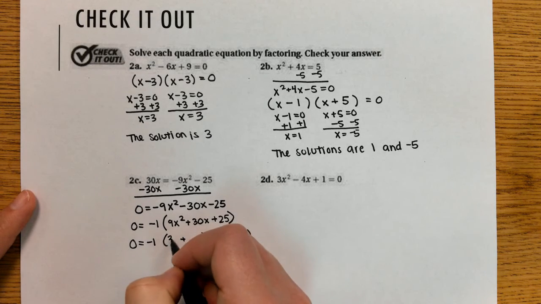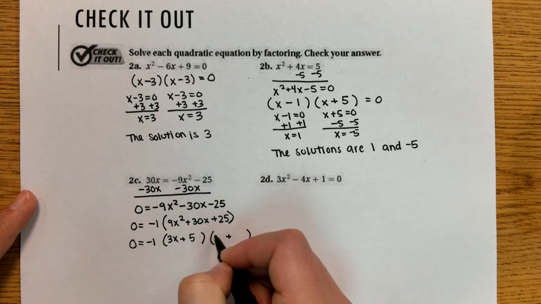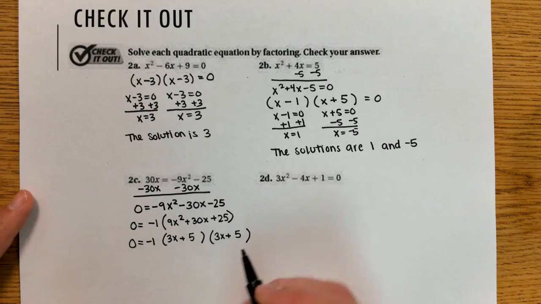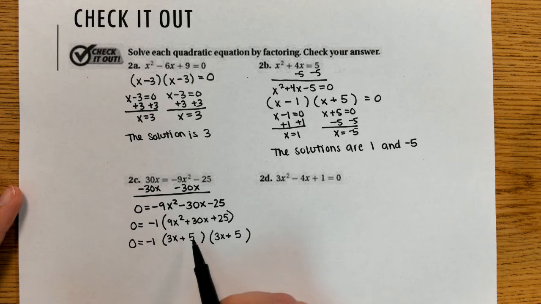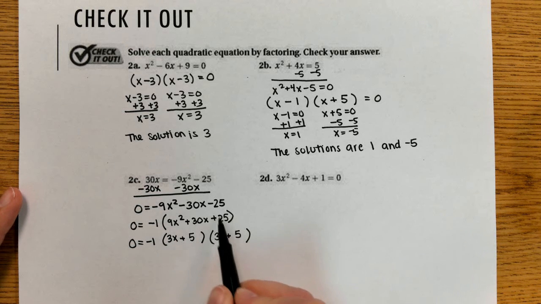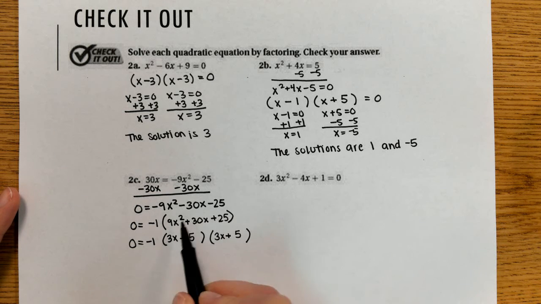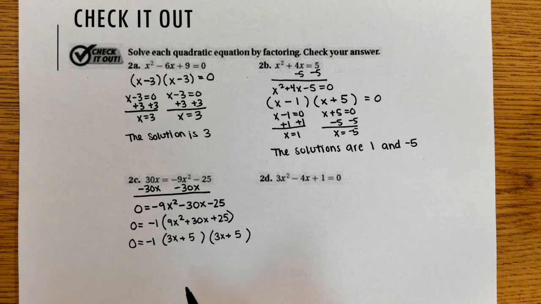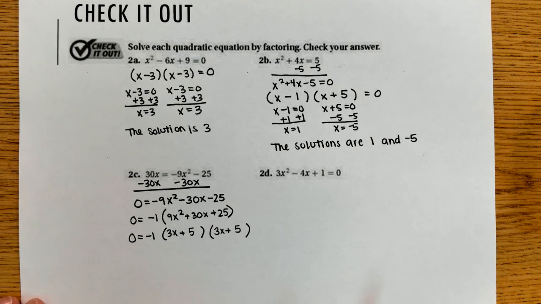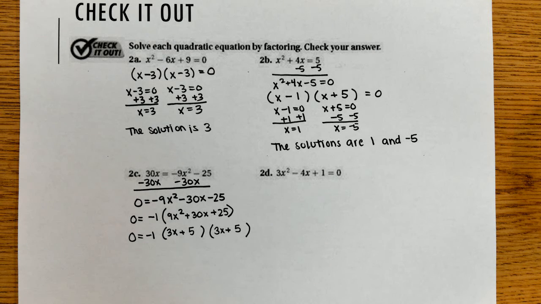So in this case, it's going to be 3x plus 5 and 3x plus 5. Okay, so my last term, 5 times 5, gives me 25. First, 3x times 3x, 9x squared. And then I have 3x times 5, which is 15x. 5 times 3x, 15x. 15x plus 15x gives me that 30x. So that's just a quick check to make sure you factored it correctly.